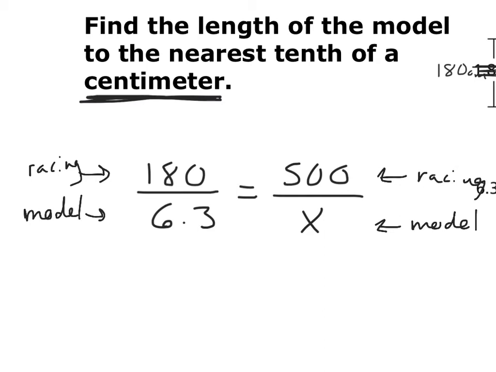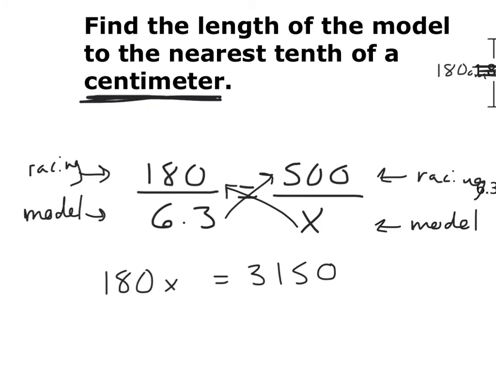So now how do we solve for x? We cross multiply. We multiply the x by 180, so we get 180x, and the 500 by 6.3, which is 3,150.